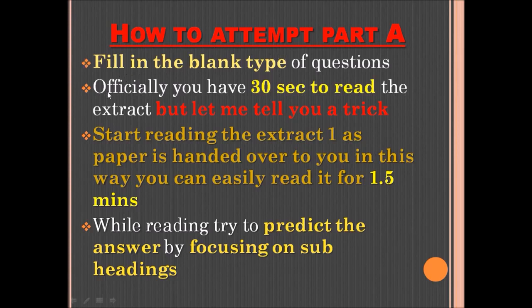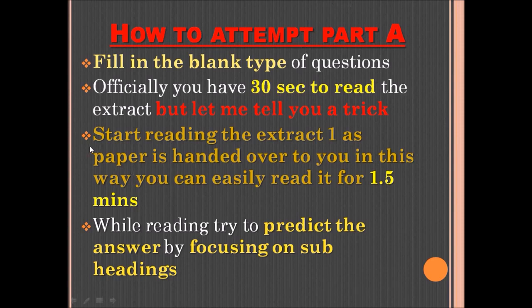Officially you will be given 30 seconds to read the extract, but let me tell you a trick to increase this 30 seconds to 1.5 to 2 minutes. This will definitely help you while solving Part A.